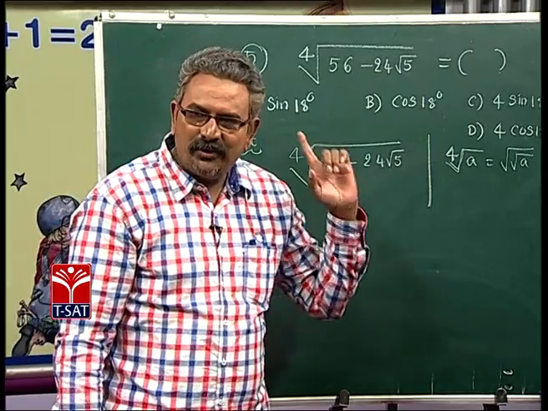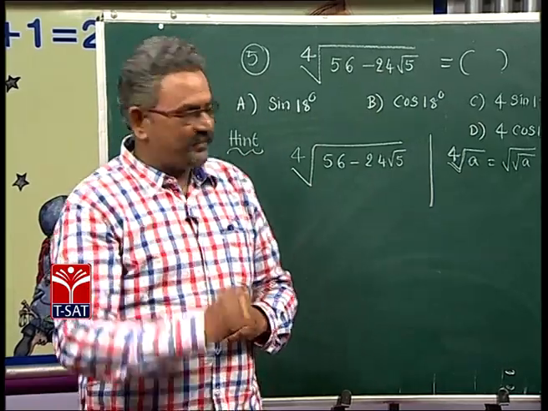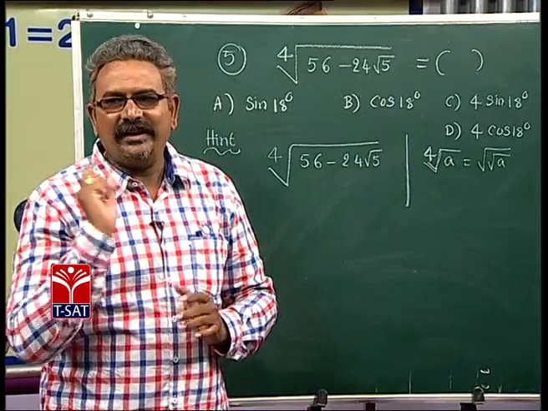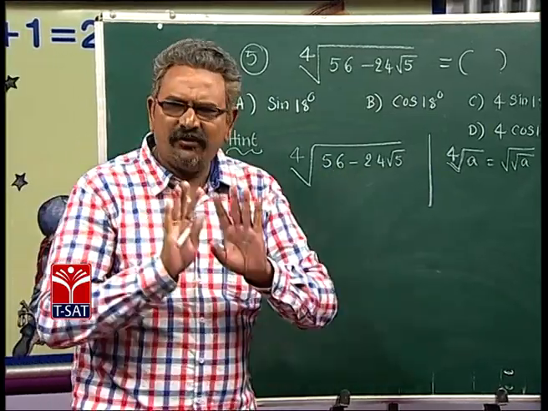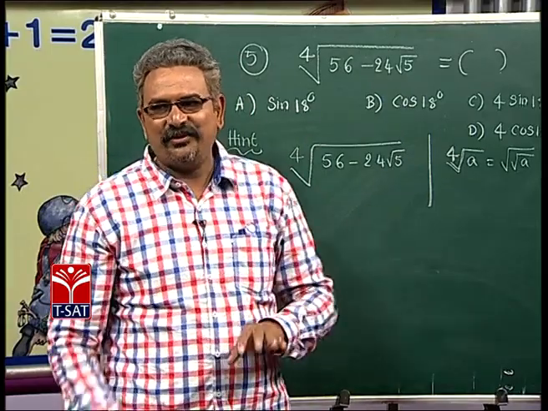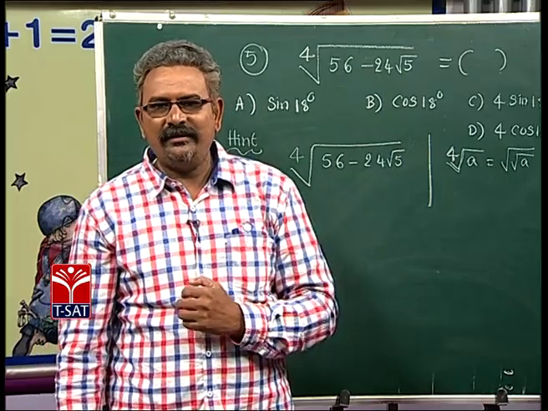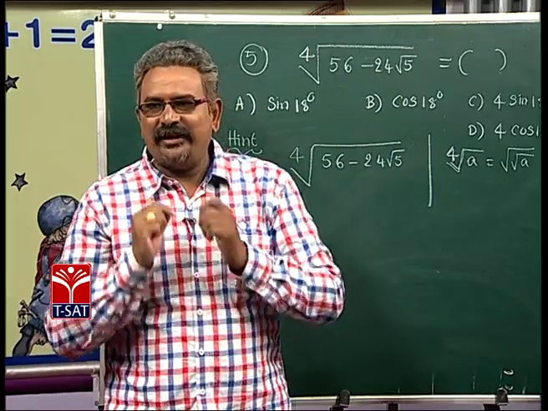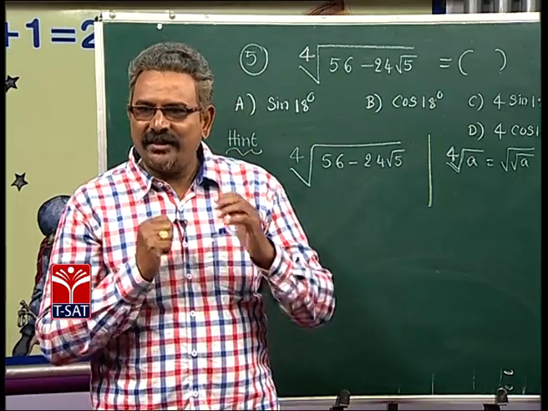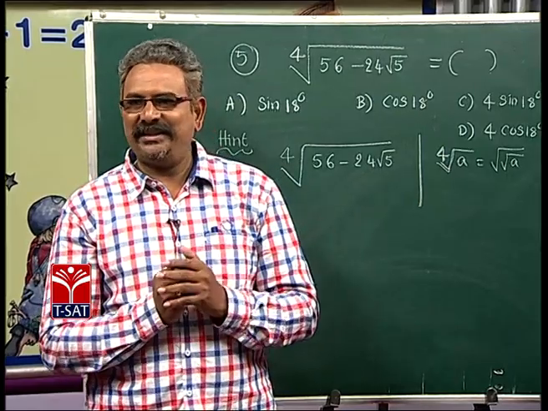Just look at only the irrational part. What is the irrational part in this one? 24 root 5. So you need not worry about the rational part, which is 56. You leave it for a while, because we have to solve the problem within the stipulated time. So as to maintain the time in competitive entrance examinations, sometimes we have to make use of this type of tips in the examination.